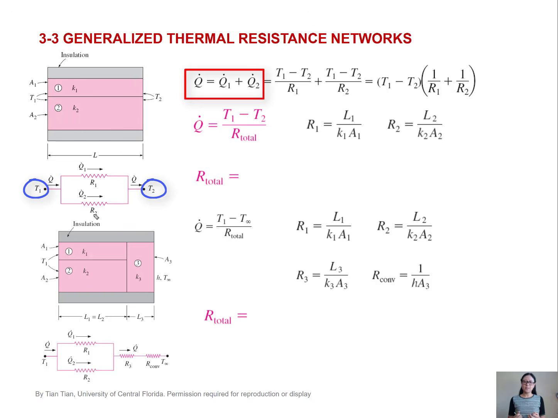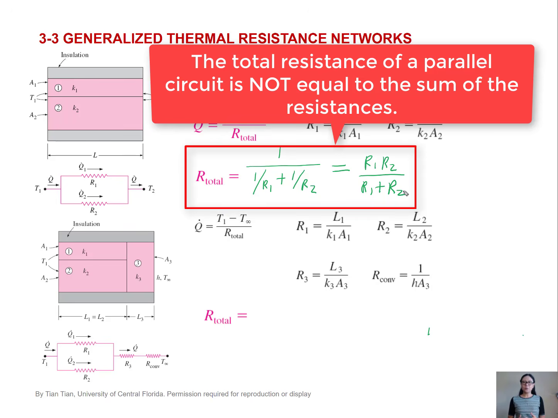And we can find the total resistance with this formula: 1 over R1 plus 1 over R2, and it's equal to R1 R2 divided by R1 plus R2. Please recall the total resistance of a parallel circuit is not the summation of individual resistance.